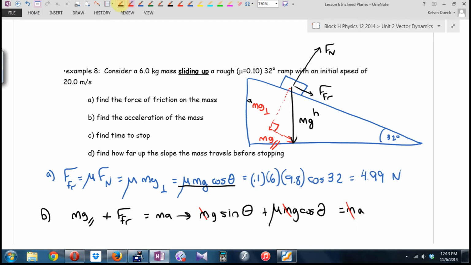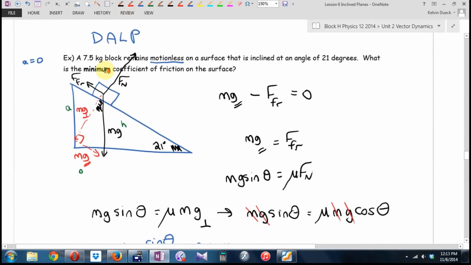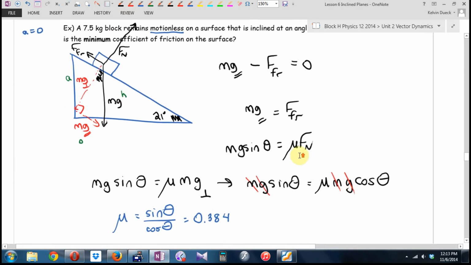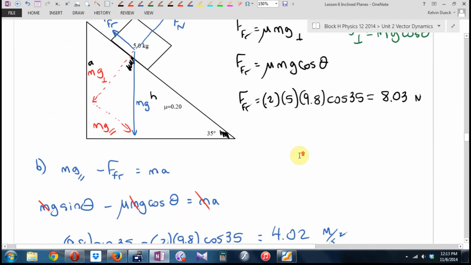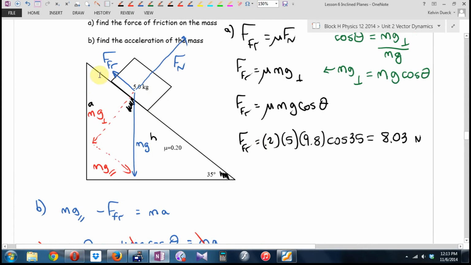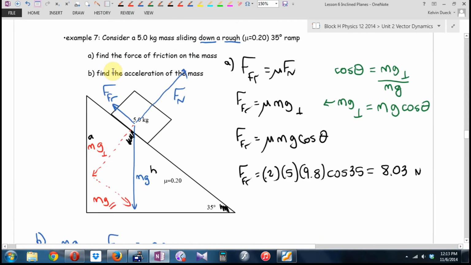By the way, what this is also telling you is whether this mass was 100 kilograms or 5 kilograms, it's going to stop in the same distance. On the previous question, you may have noticed the masses canceled. This is a nice one here: people skiing down a hill.